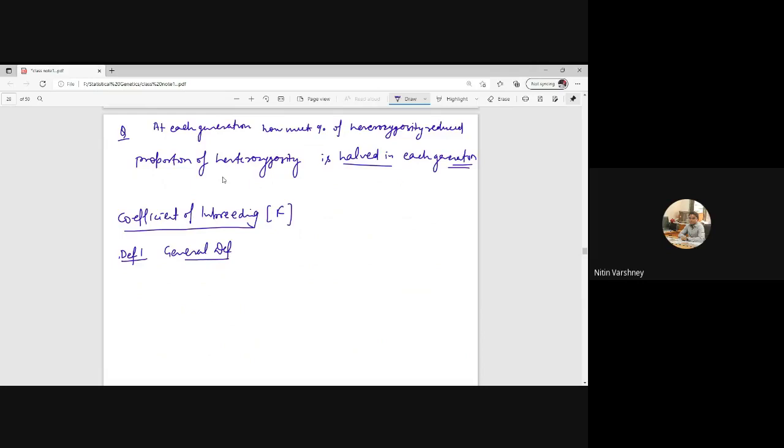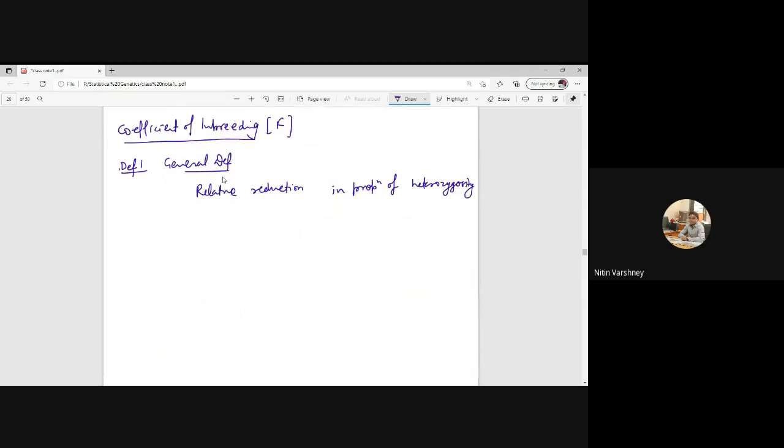Defined as the relative reduction in proportion of heterozygosity. Okay, so if I write F is equal to H naught minus HT upon H naught.